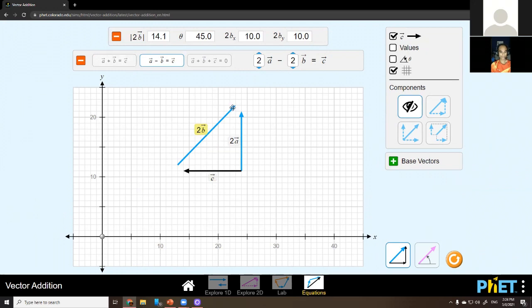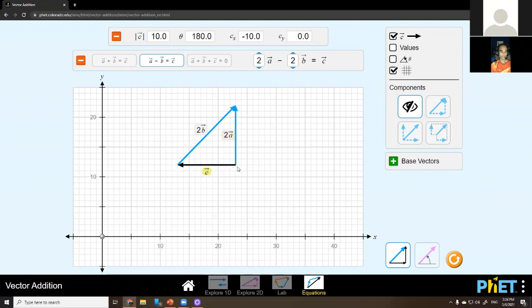The head over here is flipped because B is negative, so the head should be here. So A will go to the tail of B, and the head of B is at this point. You can see that it is actually the same as the one we learned before.